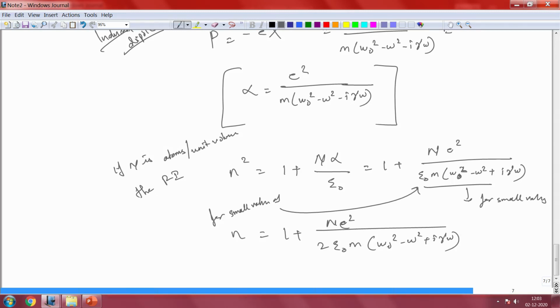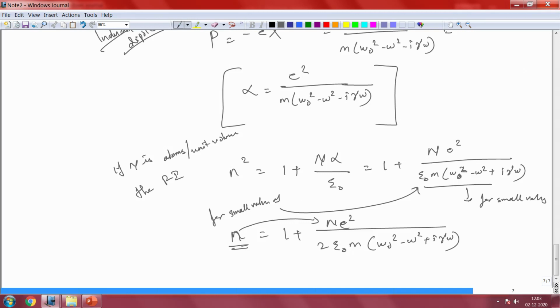So now you can see the refractive index depends on the material properties, right? So what is this material property? It depends on the number density, right? How many atoms are there per unit volume? It is directly proportional.